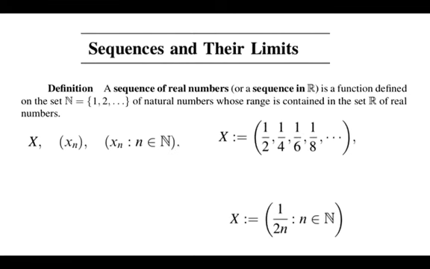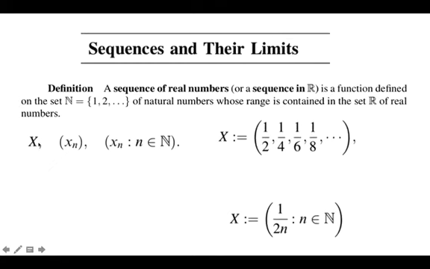And the last topic we discussed was sequences and their limits. So let's have a look. Definition: a sequence of real numbers, or a sequence in R, is a function defined on the set of natural numbers whose range is contained in the set R of real numbers.